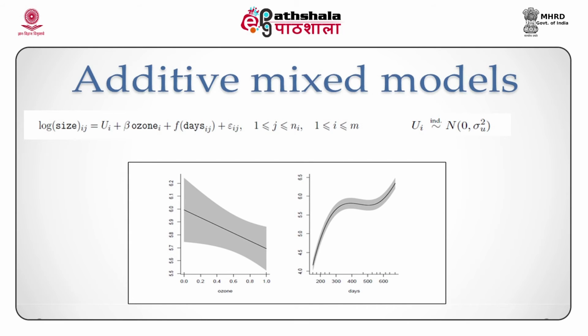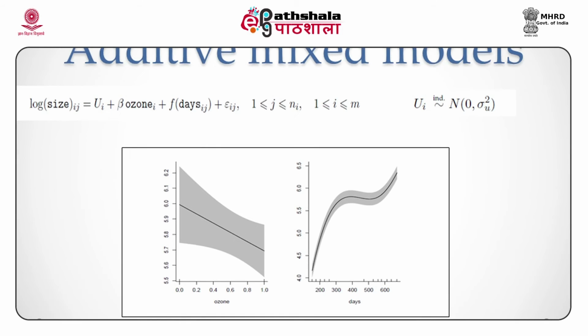So in the two panels given here, we look at the coefficient of ozone, and in the right panel, we are looking at the estimated function f of t, which, as I said before, was estimated using a mixed model representation. For more reference to this, you are referred to the book by Ruppert and Wand.